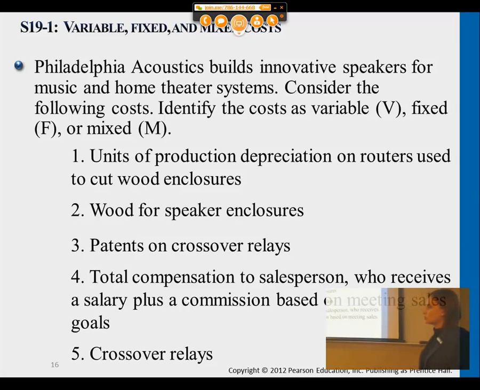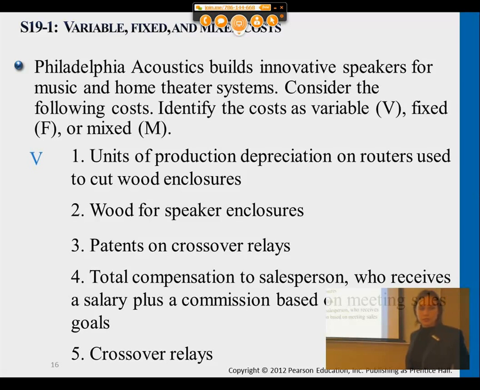Why do you think it's a straight line depreciation? It's units of production depreciation, yeah? It's variable, right?